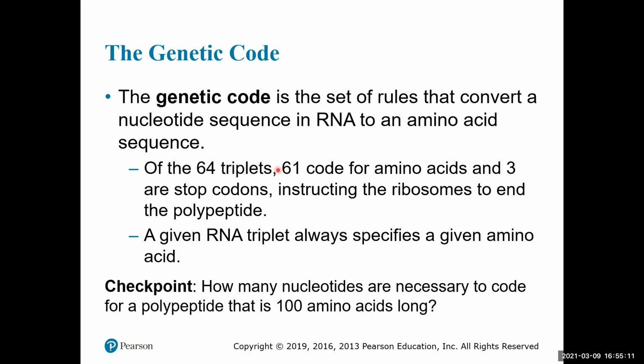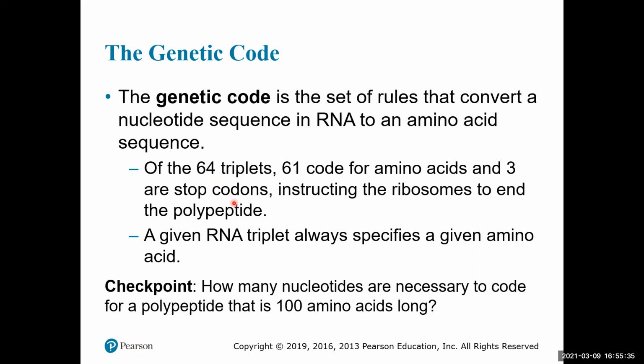61 of those combinations code for 1 out of 20 amino acids. 3 of those triplets, those codons, are what we call stop codons. It basically tells the machinery to stop making the polypeptide.